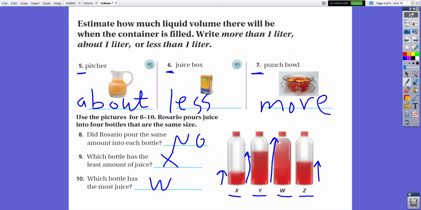It's very easy. You just have to estimate. Tell which one has more than 1 liter or less than 1 liter or about. Okay, so you don't have to tell the exact number, just about, less or more.